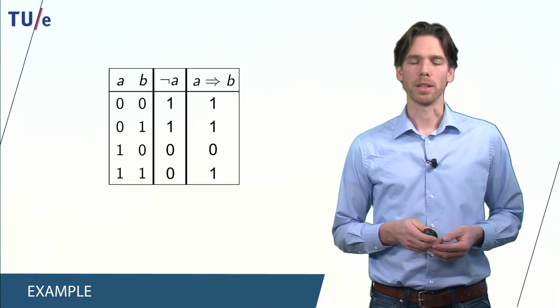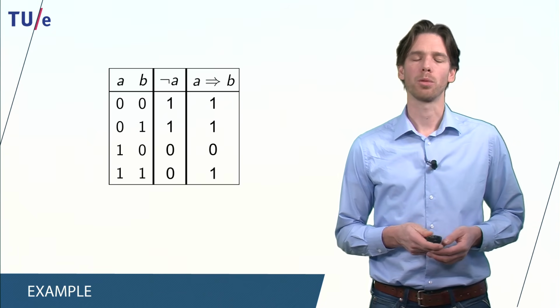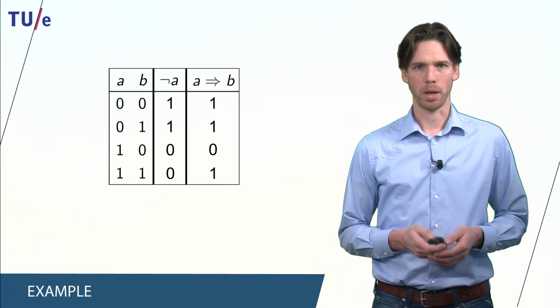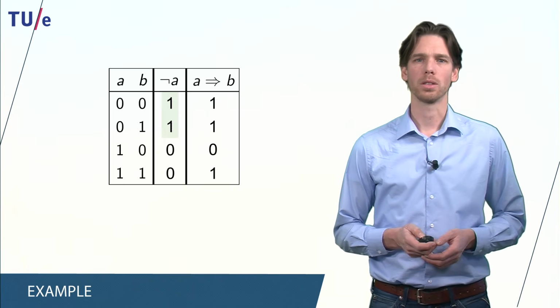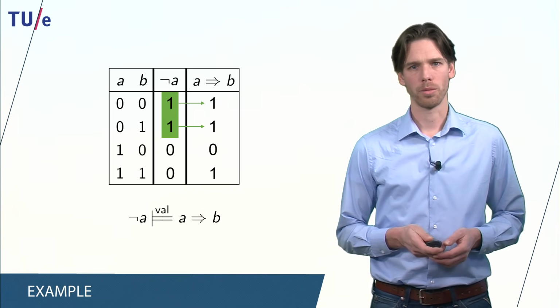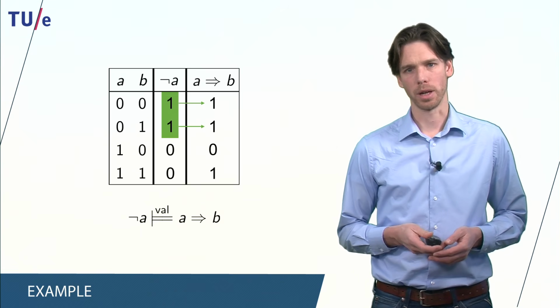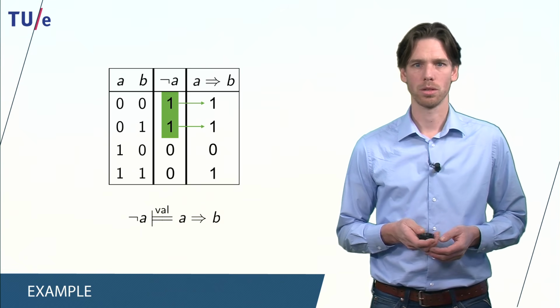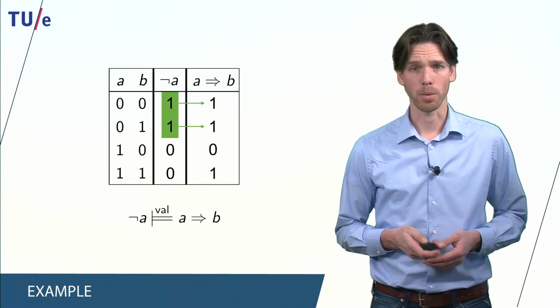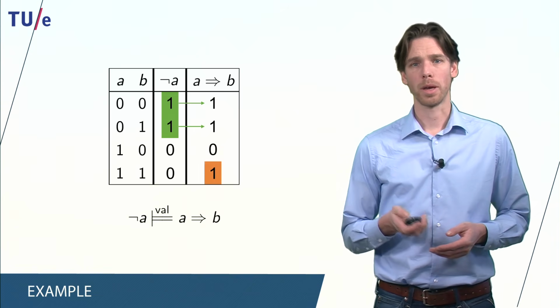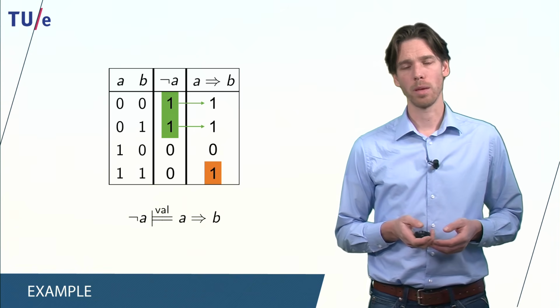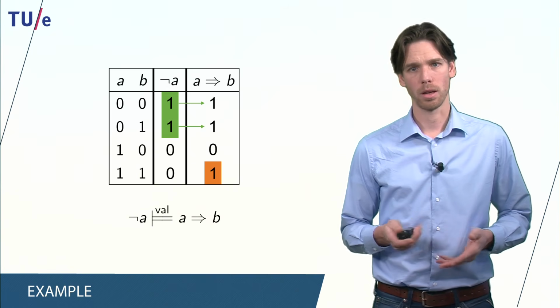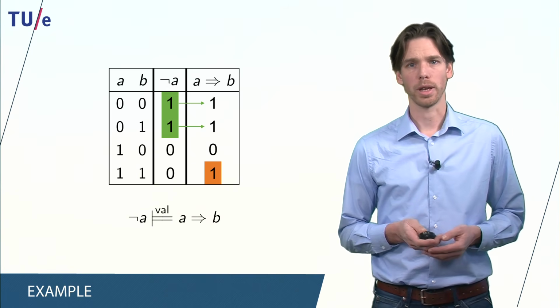Let's now consider another example. Let's consider the abstract propositions not A and A implies B. Well, first of all, you may notice that the ones in the column for not A are carried over to the right, showing that not A is stronger than A implies B. But you may also observe that A implies B is true also in the fourth row when not A is not true.